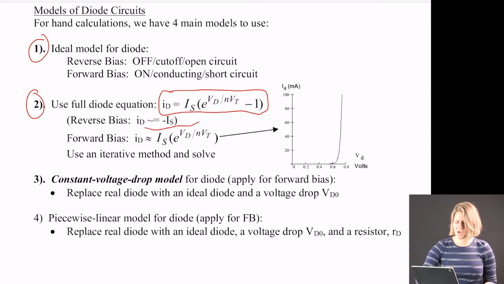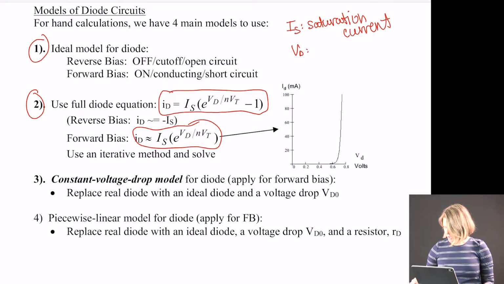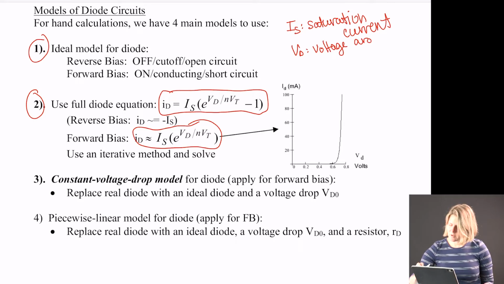Typically when it's on, you use an approximation of this: I_S e raised to the V_D over N V_T, where I_S is the saturation current, V_D is your voltage across the diode, and N is a processing parameter.